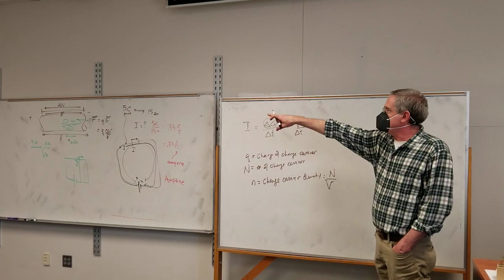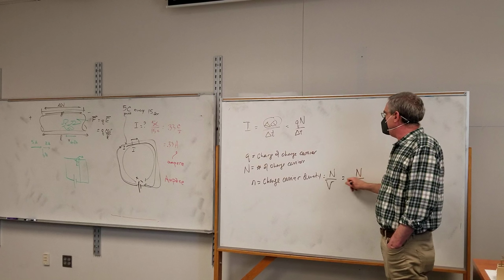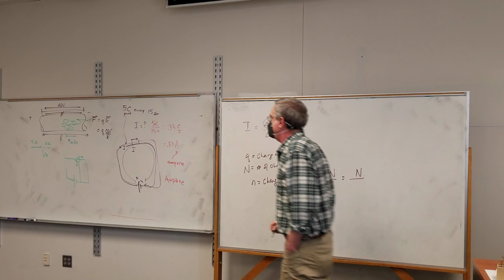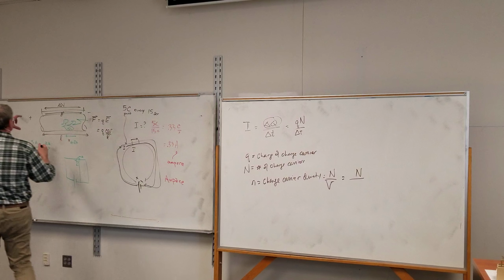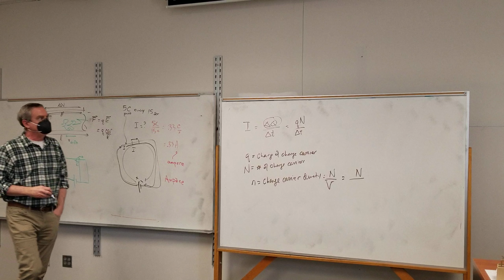So if I look at this particular segment right there, my volume of that little segment is, well, I've got some length here and then a cross-sectional area. So my volume is just the length times whatever my cross-sectional area is.